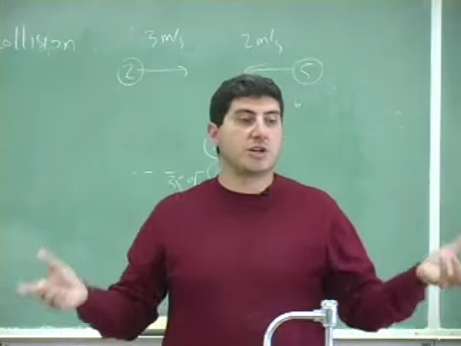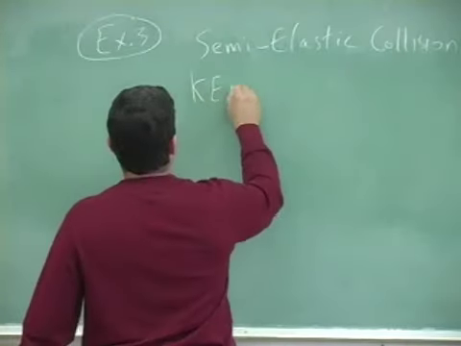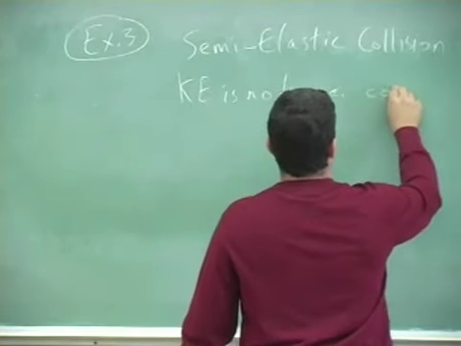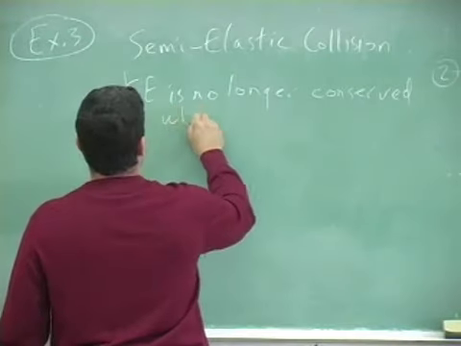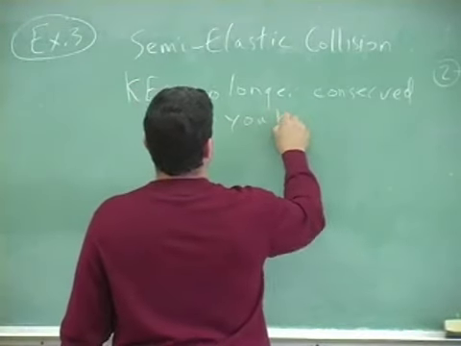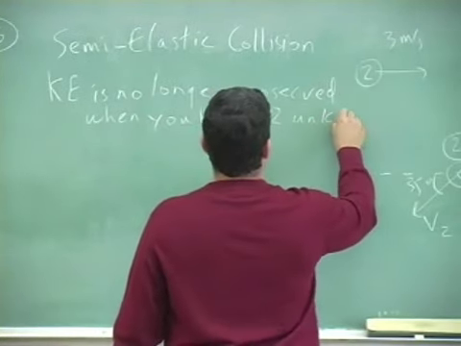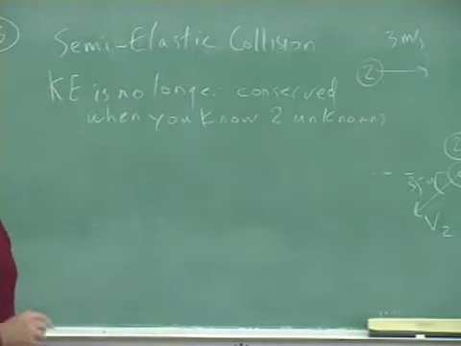Kinetic energy is no longer conserved when you know 2 unknowns and there are only 2 unknowns remaining.